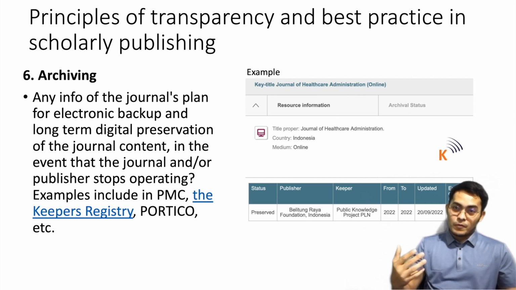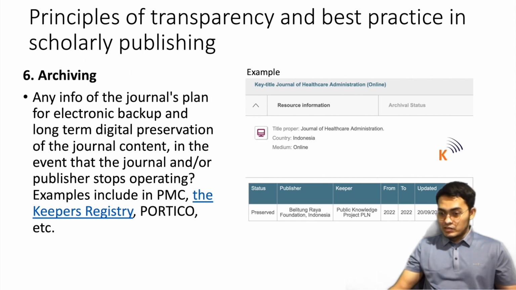So we would like to know how the journal can convince us of long-term digital preservation or electronic backup. Let's say in PMC, PubMed Central, or in the Keepers Registry, or in Portico. If you can see here, one of our journals, the Journal of Healthcare Administration, is using PKP PN.